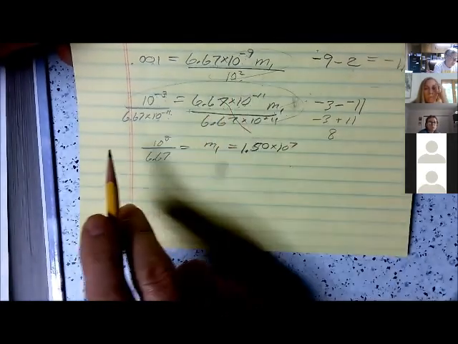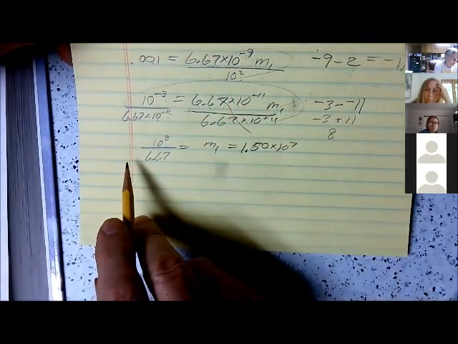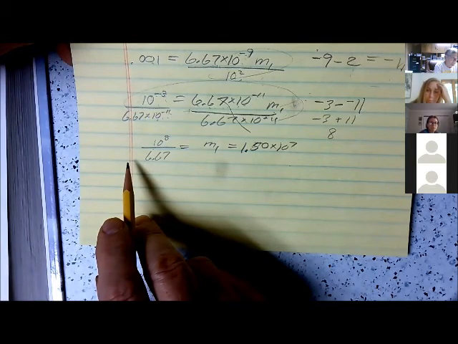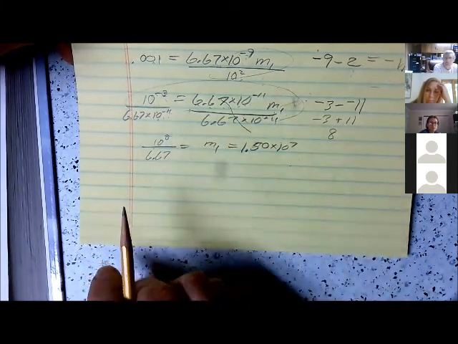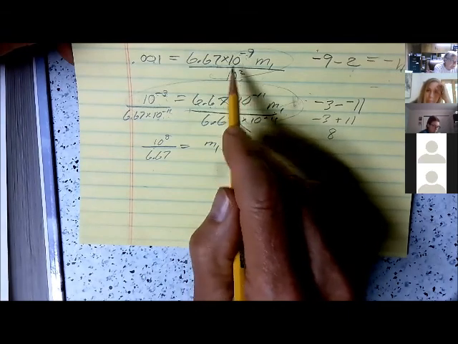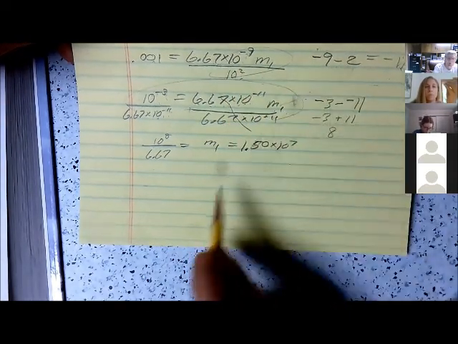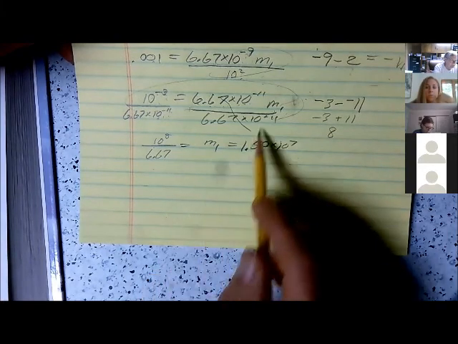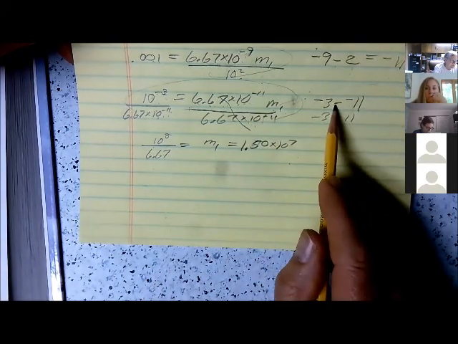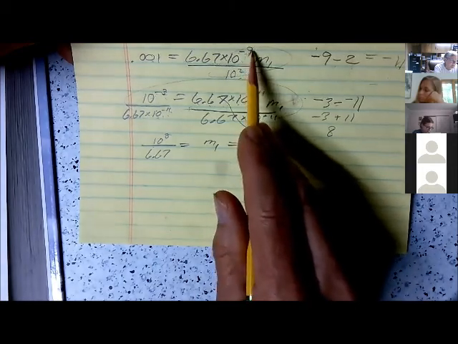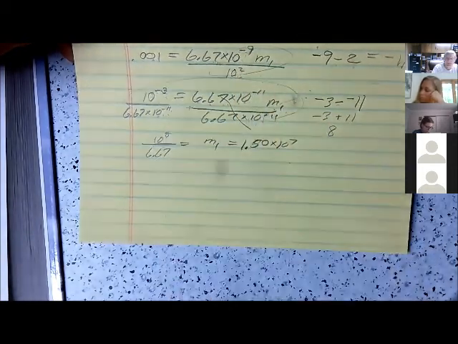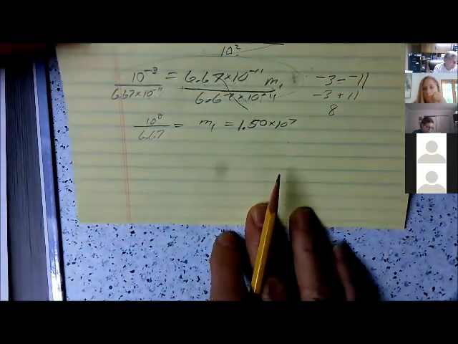Because it says 10 to the second, I didn't know that you would subtract 2. I thought you would add 2. Good question, let me clear that up. When you divide, you subtract. When you multiply, you add. So in both these cases, I had to subtract because I was dividing. Thank you. Good question. I'm glad you asked it. Now you know.